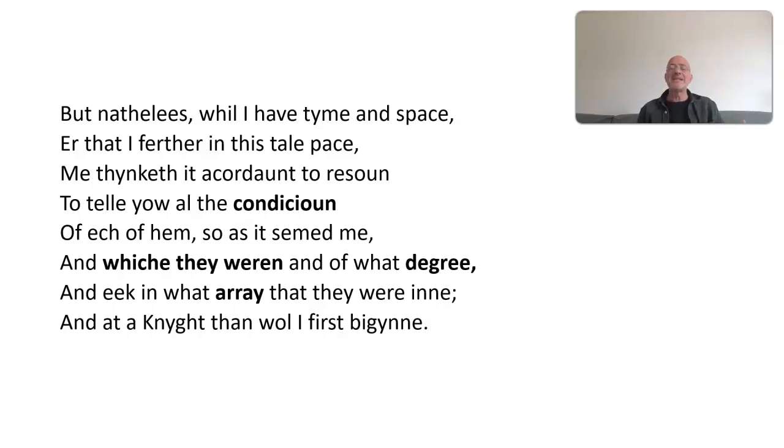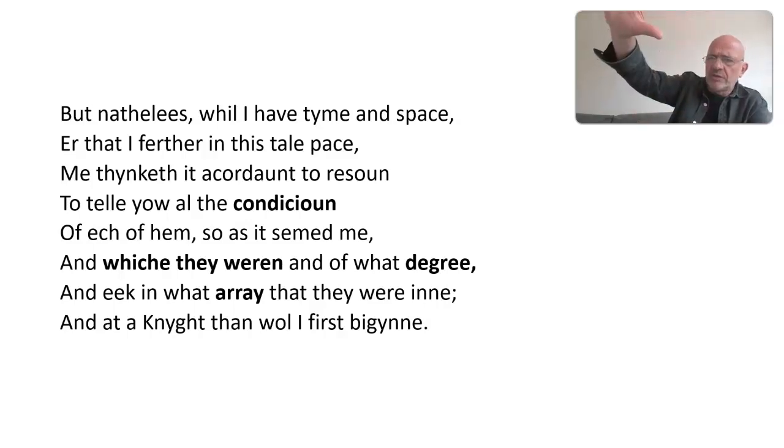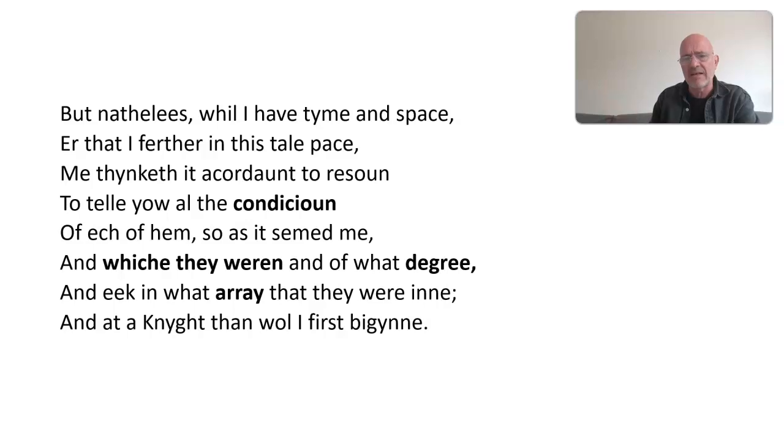There you see, and he will adhere to that, this formula. So, condition, more or less, what did they do? Okay, what was their social position, and what did they look like, and what was their character? The character which they were in. Very cool. This is the formula he uses, and in the end, he will always, to cut a long story short, every pilgrim will appear to be the best of his kind.